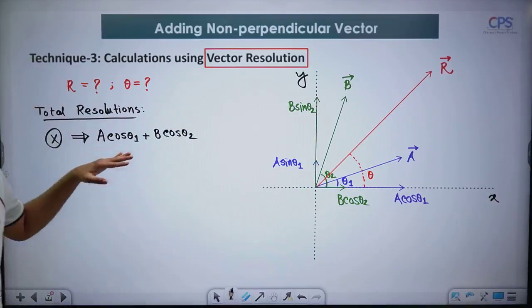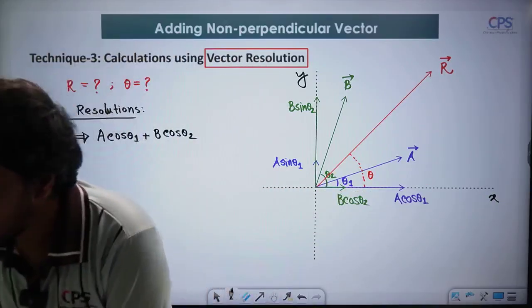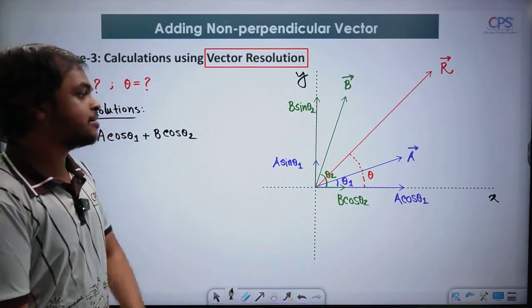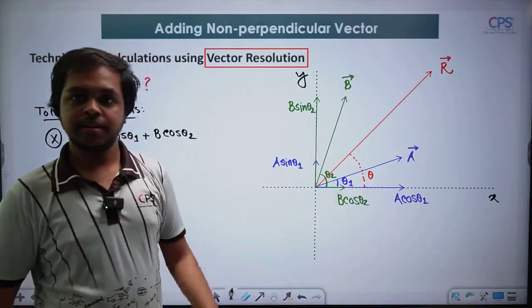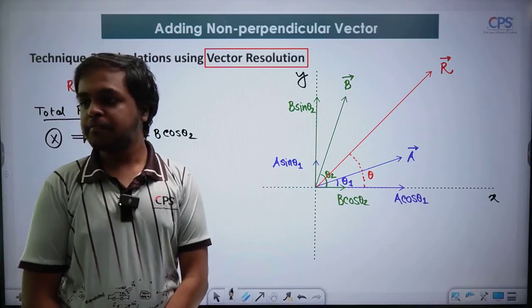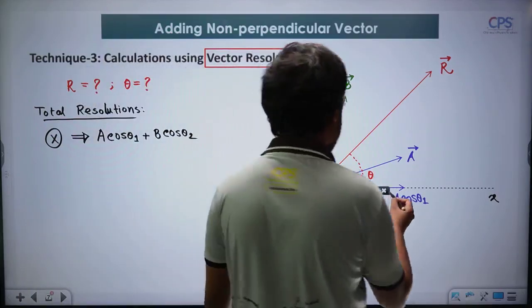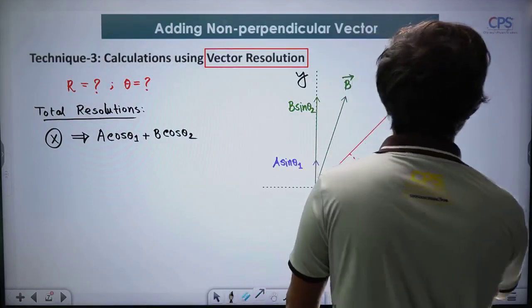This is the total resolution or total effect of these two vectors. So the total resultant's effect will be equal to the summation of those two effects.